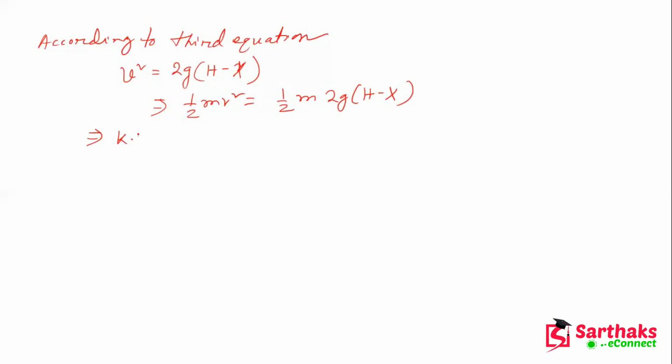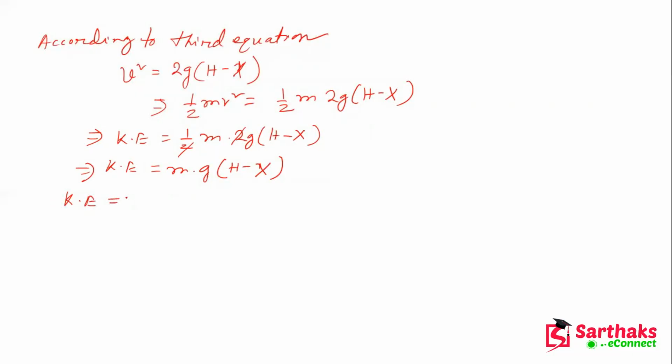So kinetic energy is half into m into twice g (h minus x). This 2 will be cancelled, so kinetic energy equals mg (h minus x).